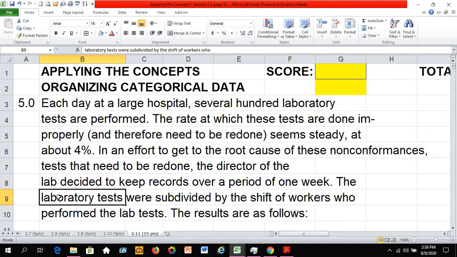The lab tests were subdivided by the shift of workers who performed the lab test. The results are as follows. So the director would like to know the root cause of these non-conformances. Okay, meaning they have to redo the test because it's done improperly.